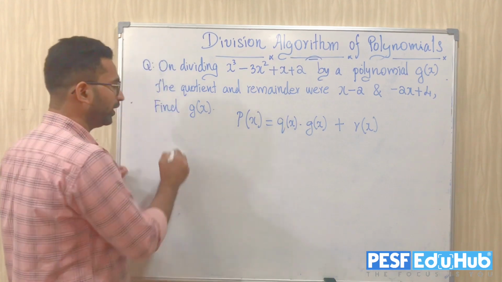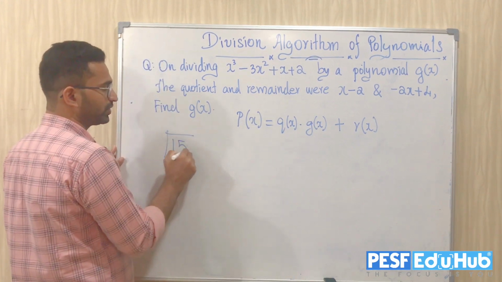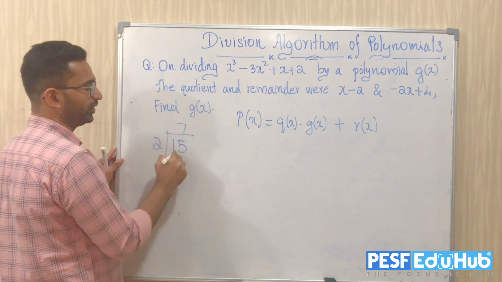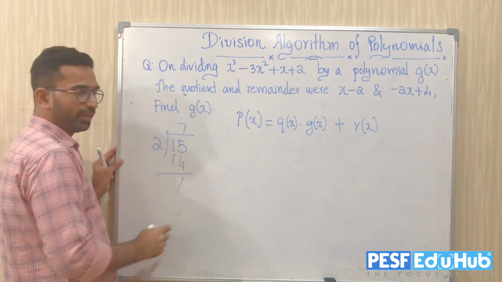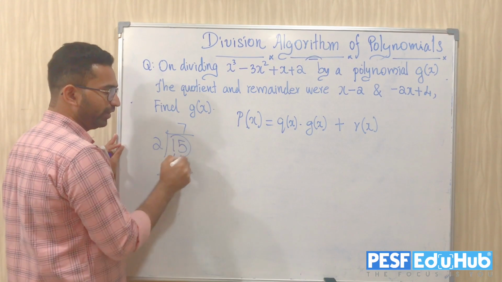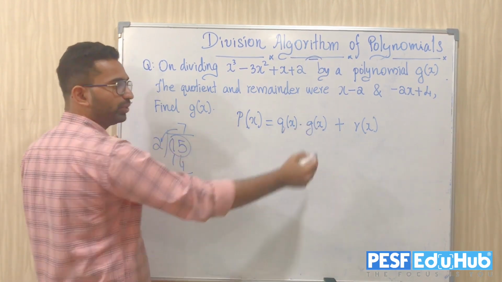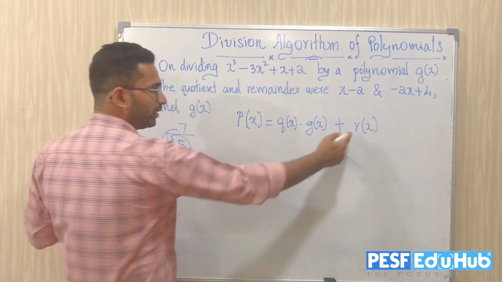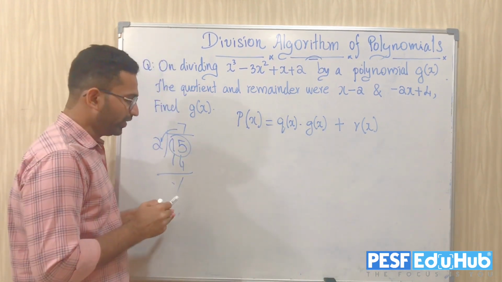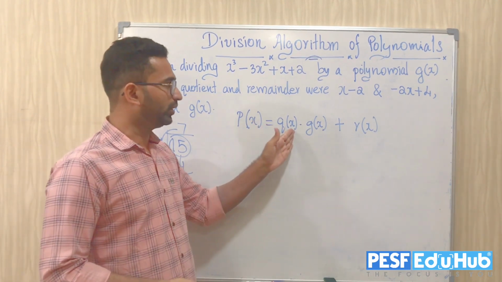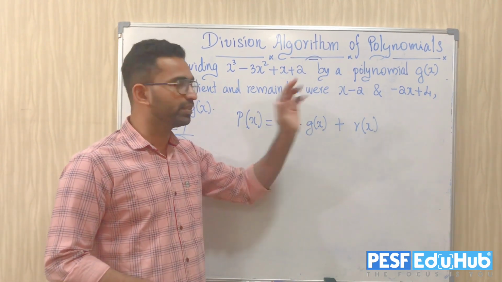If you want, you can remember all these things. With the example you have written, P of x or the dividend is equal to the quotient into the divisor plus the remainder. Anyways, P of x equals Q of x into G of x plus R of x.